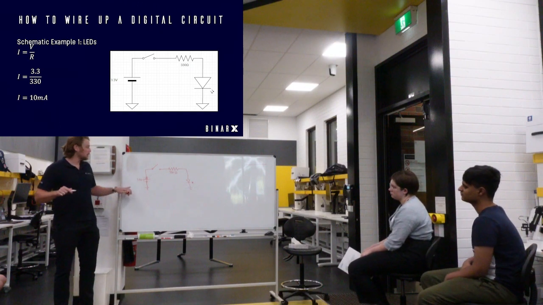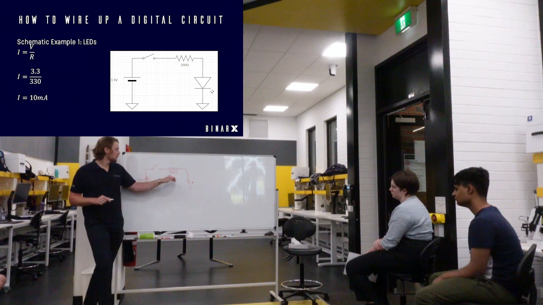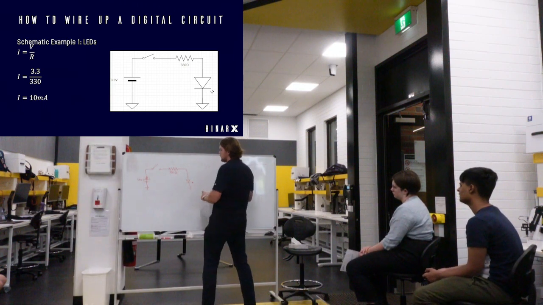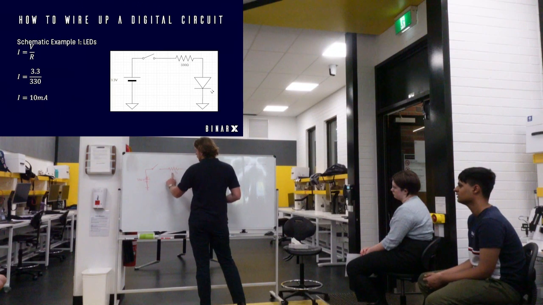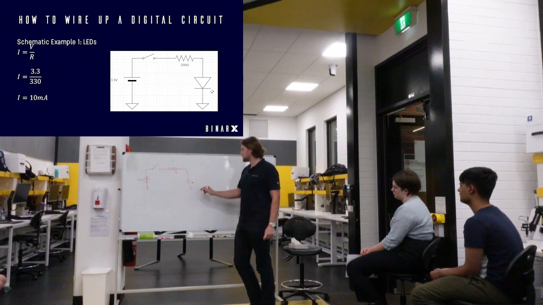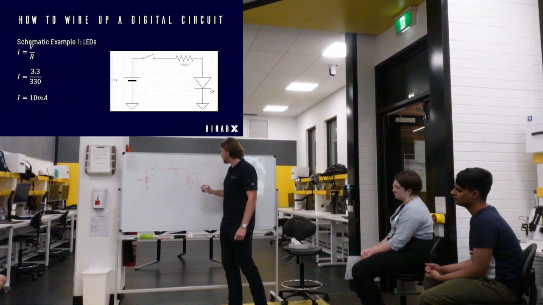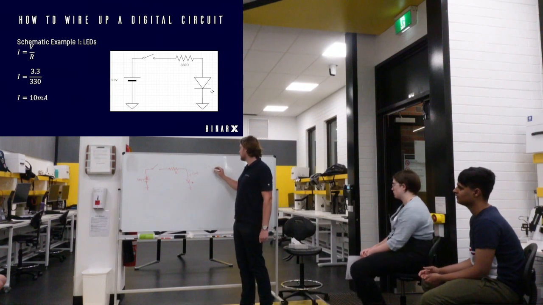So we want to work out what our current is. Obviously I've given you that already, but we need to apply Ohm's law. If we didn't know the resistance, and we wanted to work out what resistance we needed to make sure we had a current flow of 10 milliamps through here, we would use Ohm's law, right? So V is equal to IR.